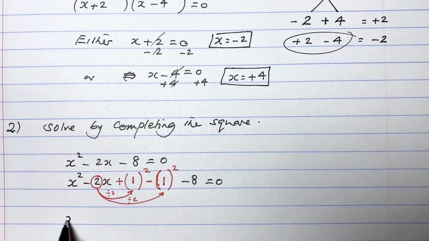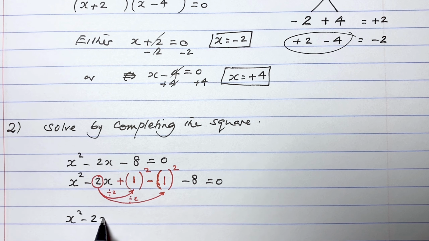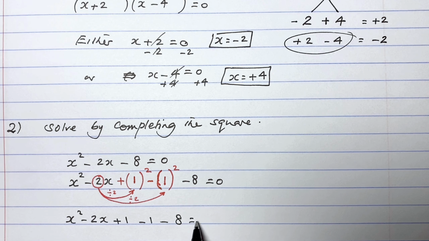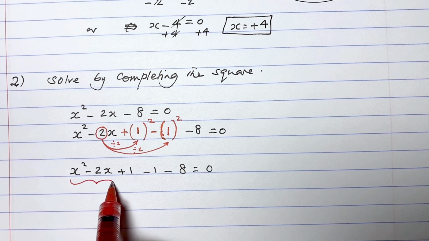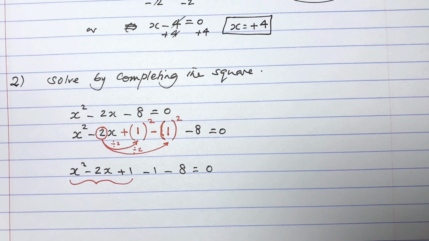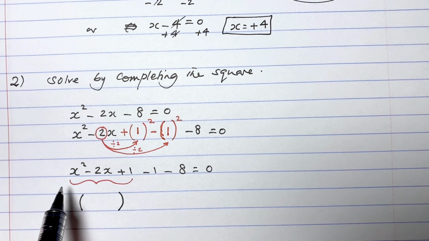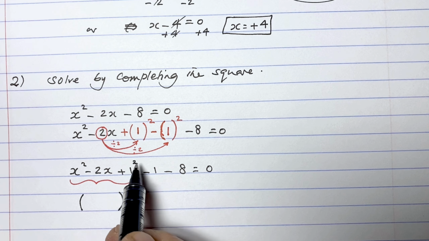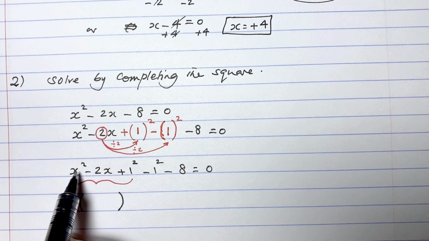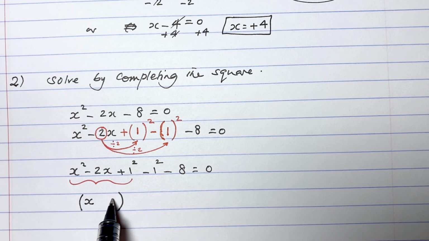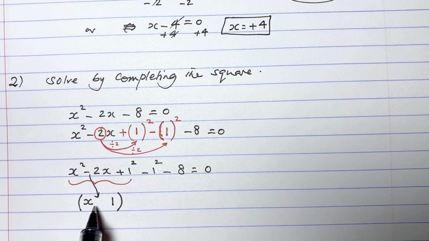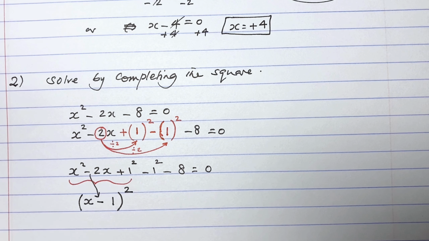The reason we do that is because by creating the first 3 terms, I can write a complete square, because these 3 terms can be written as x squared without the power, 1 squared without the power, and the sign between, minus, all to the power of 2.